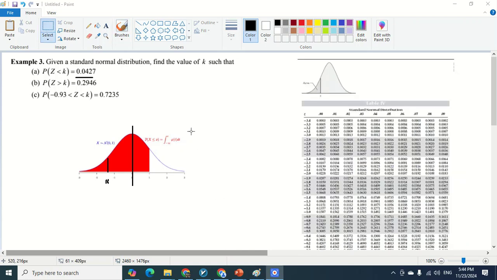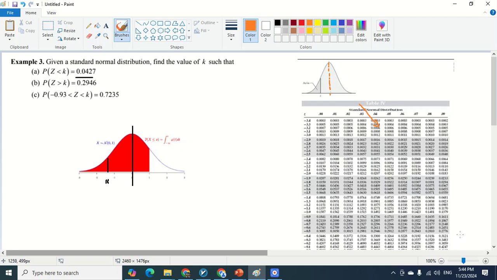In this case, because the value of the probability is less than half, we should look at the negative table, and we should go through the table and find the given value, 0.0427. As you go to the right side, toward the 0 points, the value gets bigger.